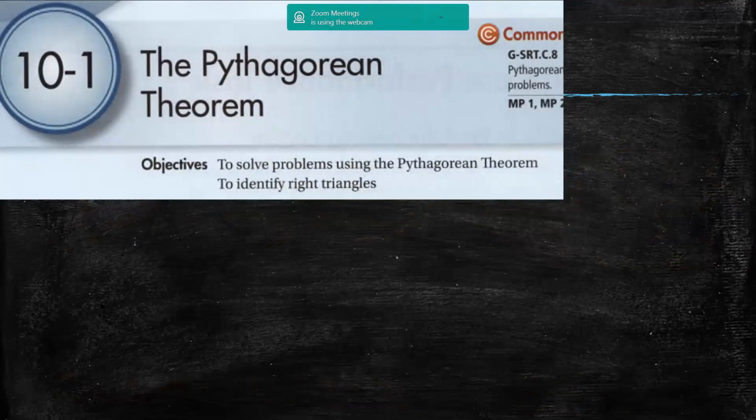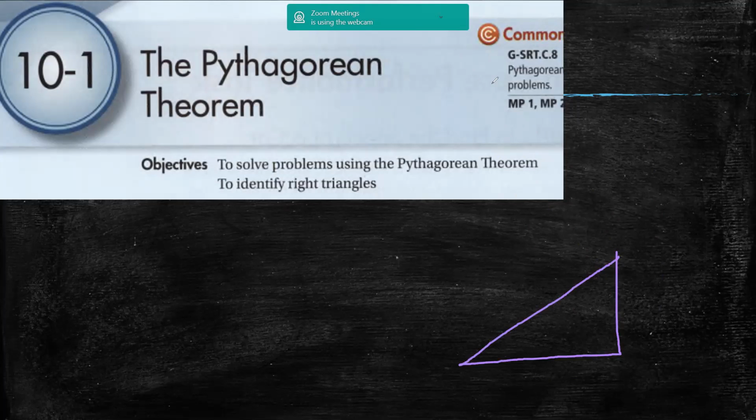All of us know that if you have a right triangle here, each right triangle has a right angle. Now, what is the name of the side that is opposite to the right angle?